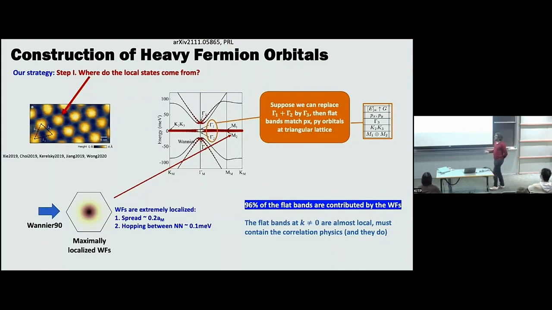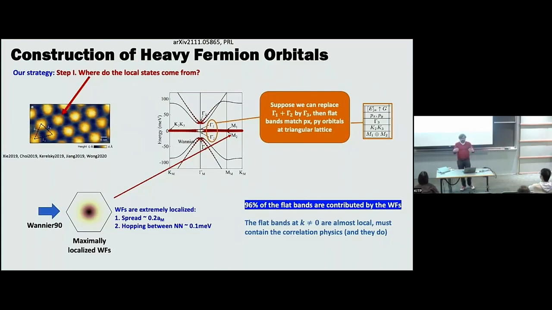And this atomic limit is actually on the triangular lattice. And you immediately see that there are these gamma 3 representations in the dispersive bands immediately up there. There's actually two of them, one above, one below. So we just borrow one of them, and if I just replace this gamma 1, gamma 2 by gamma 3, I would get an atomic limit.